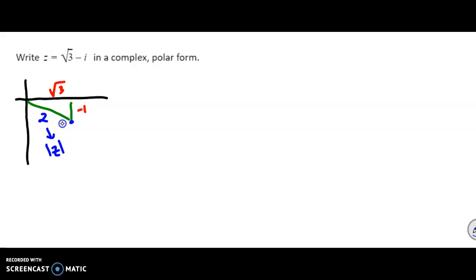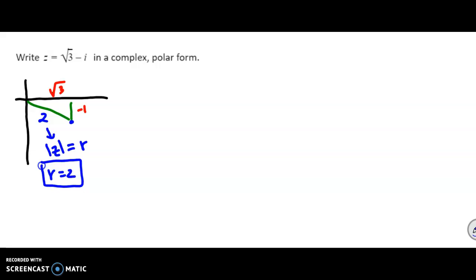Also think about when we plotted polar points: it was the distance from the pole, or 0, 0, to that point. Remember that was the r value. And so the magnitude of z is actually equal to your r value. The hypotenuse of the triangle is equivalent to the r value. So in this case, the r value is 2.